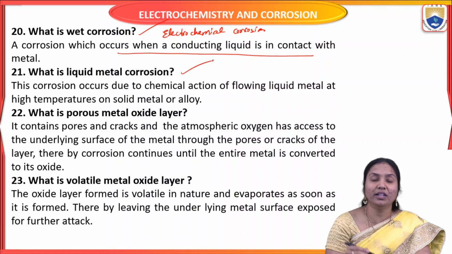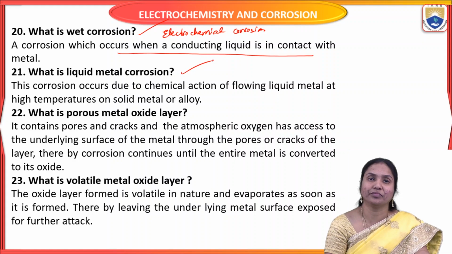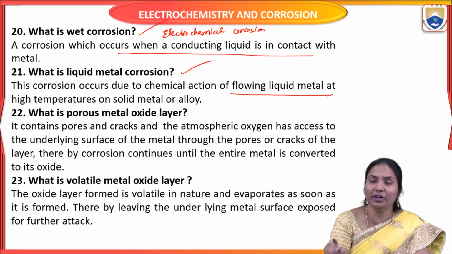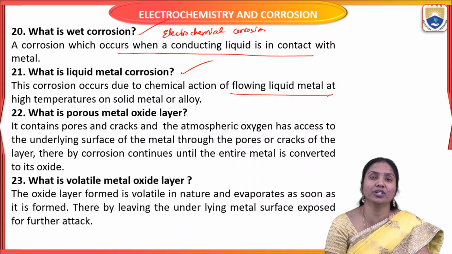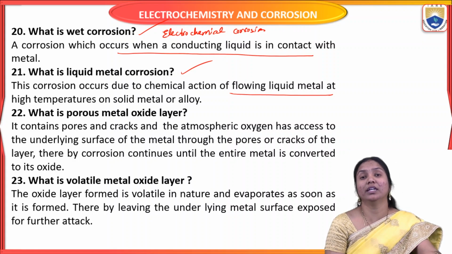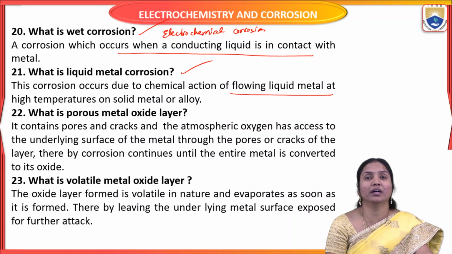And the next question is, what is liquid metal corrosion? This corrosion occurs due to the chemical action of flowing liquid metal at high temperature on solid metal or alloys.